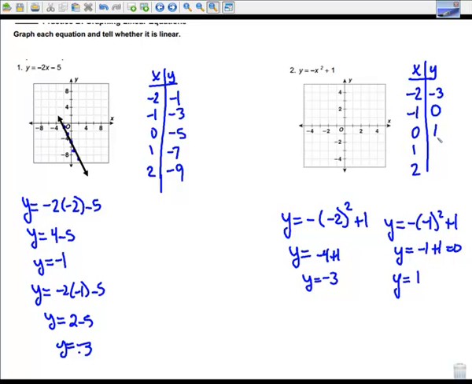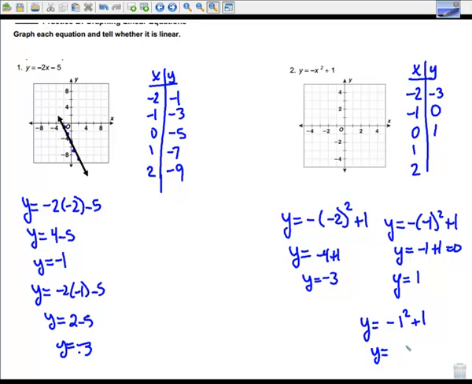I don't really see a pattern here as far as adding or subtracting a constant value. So I'm going to go ahead and figure out at 1. There is going to be a pattern, but it's not going to be a constant change for the y, because from negative 3 to 0 is a move of 3, but from 0 to 1 is only a move of 1. So I'll put in a positive 1. I have the opposite of 1 squared plus 1.